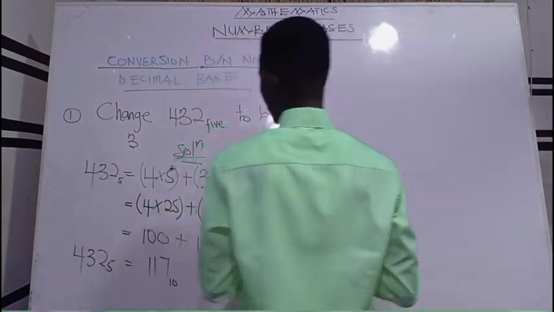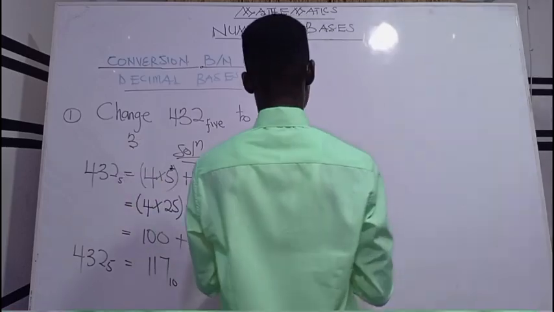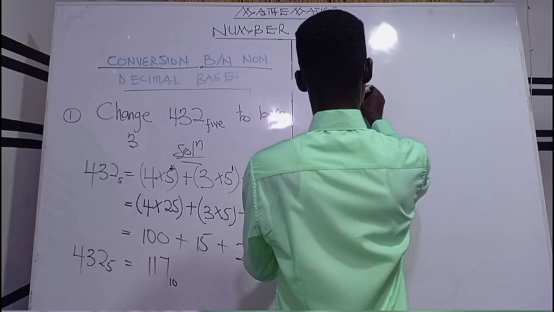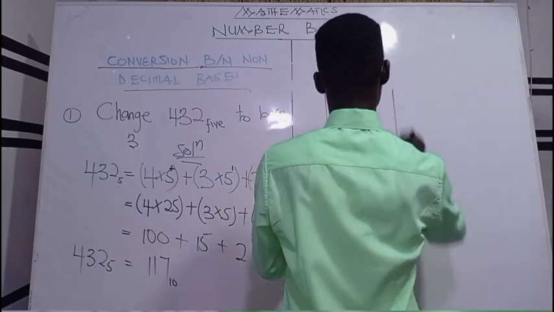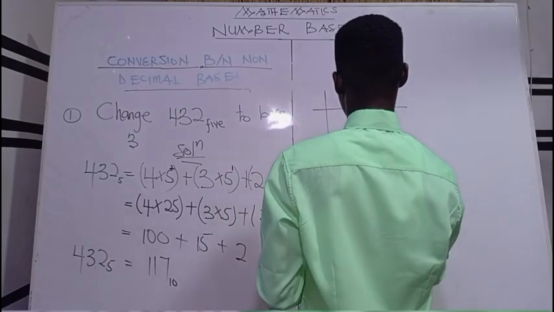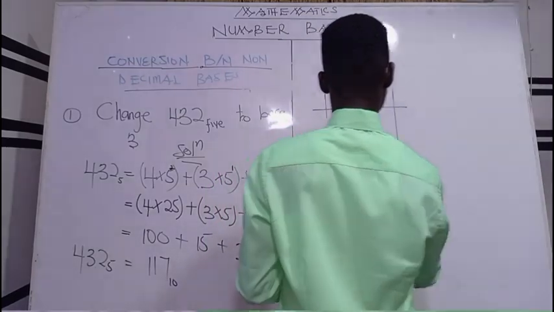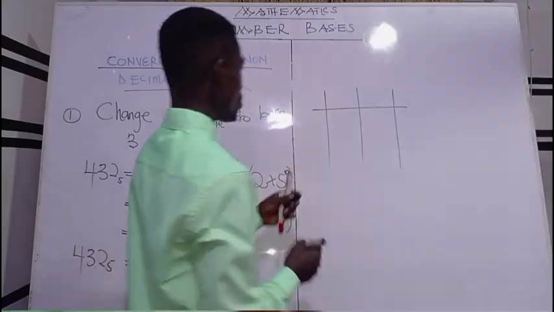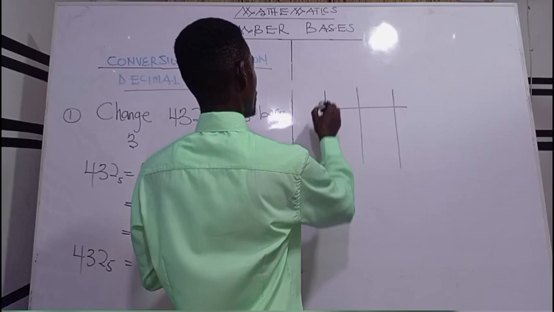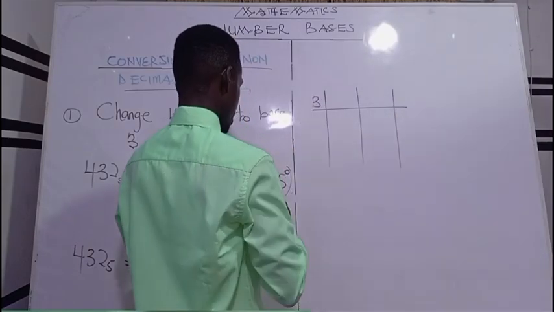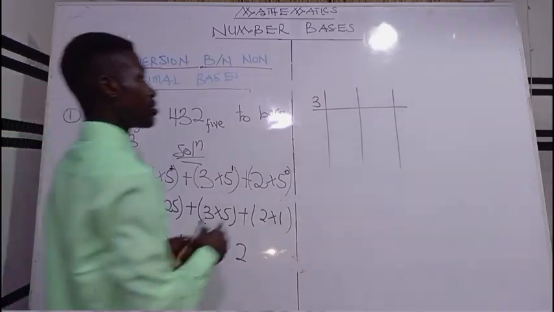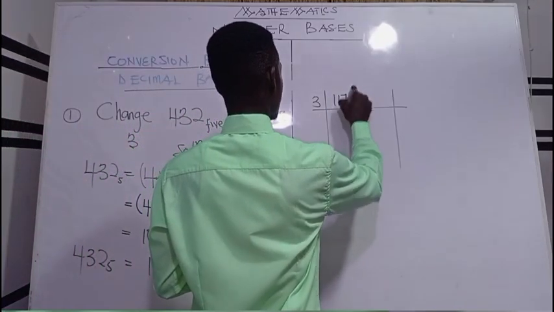So in converting from base 10 to base 3, we need how many columns? We need 3 columns. Now the first column is going to take what? The base that we want to convert to. So we have base 3. The second column is going to take the decimal numeral, which is 117.